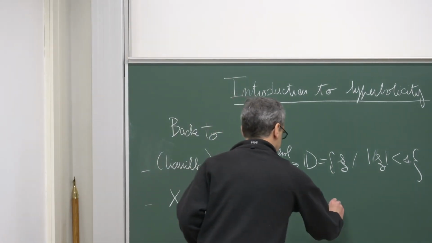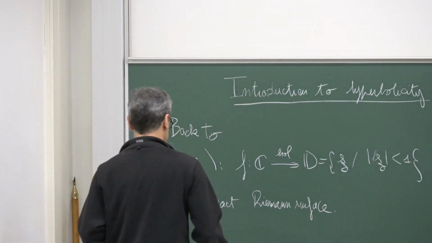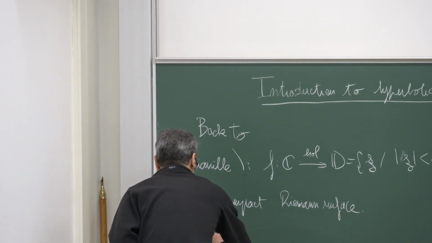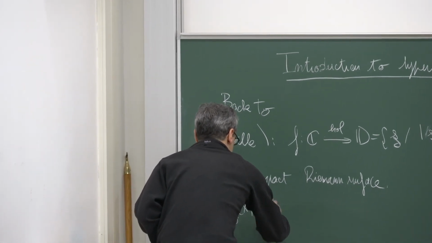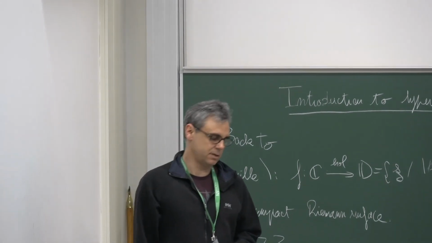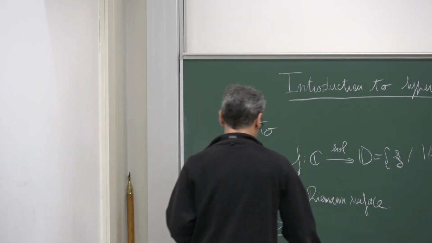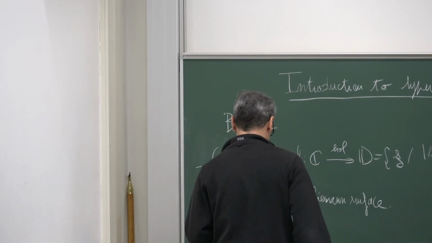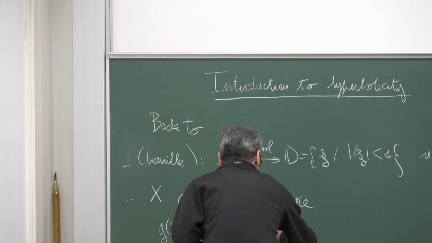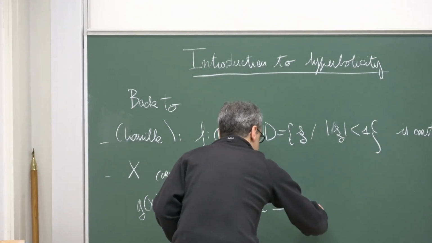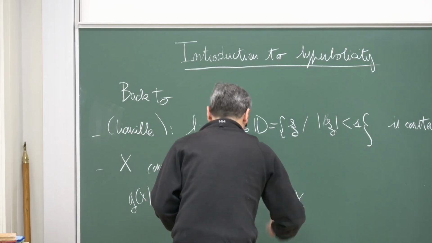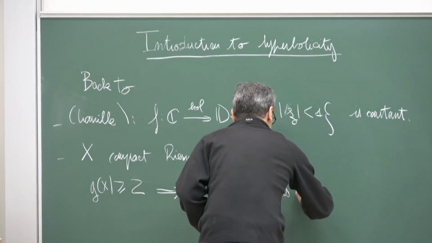And so if the genus of X is greater or equal than 2, then you have the same statement: any holomorphic map from C to X is constant.